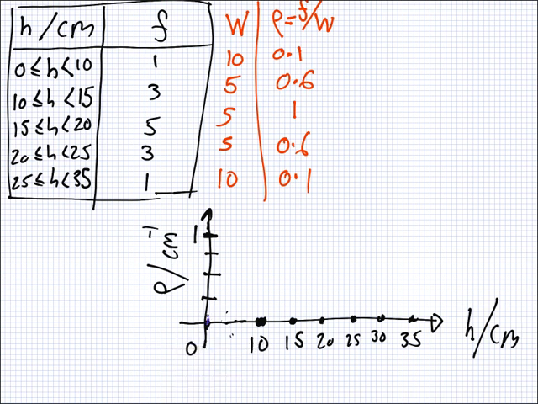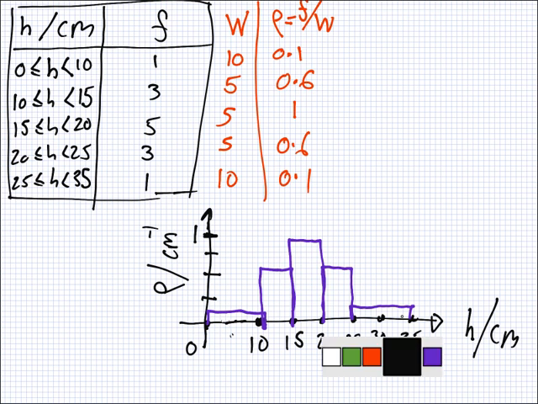The first one is 0.1, and then the next one is 0.6, and then the next one is 1 up until 20, and then the next one is 0.6 up until 25, and then the last one again is 0.1. That's what the histogram looks like.